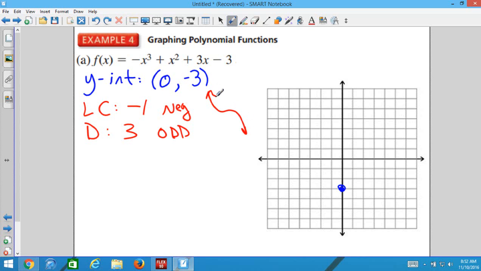That is the part that I would say you should be able to do on your own so far. But everything else we haven't learned. So at this point, go ahead and type it in your graphing calculator.